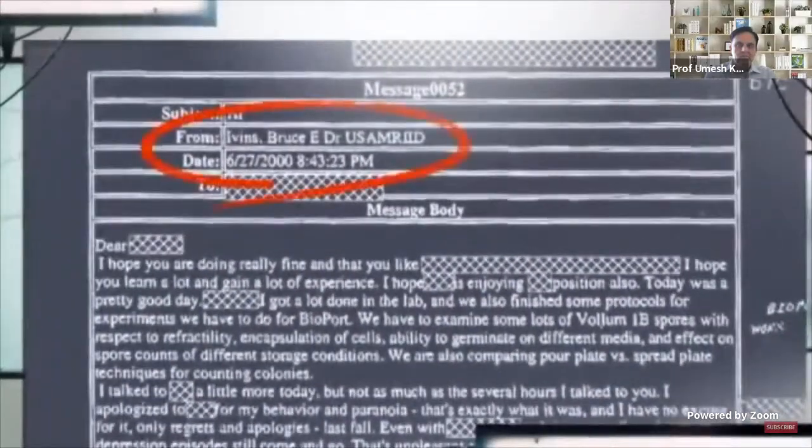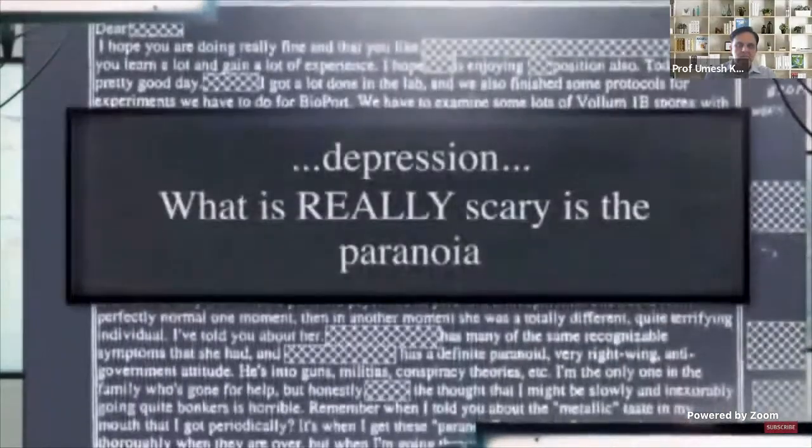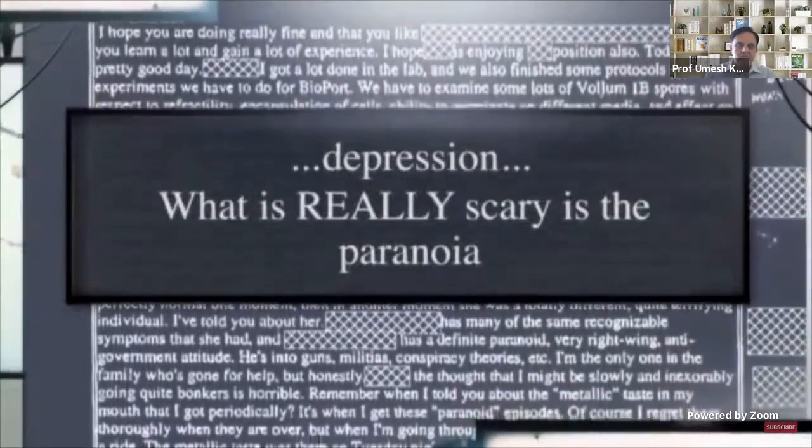He emailed his own staff complaining about his increasing paranoia and speculating about ending up in the newspaper with a headline, "Paranoid Man in Charge of Deadly Anthrax," and nobody reported that. Even when staff were complaining that they were afraid he was going to hurt them, no further action was taken.